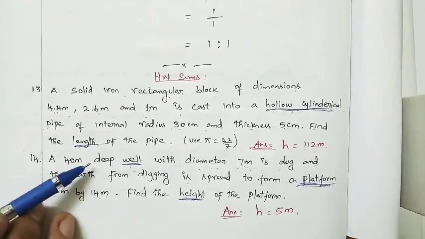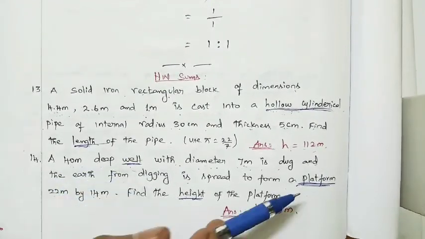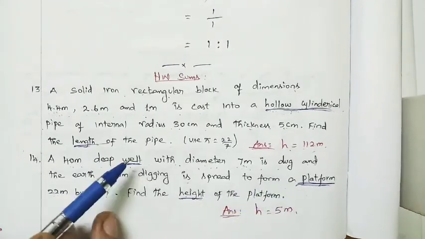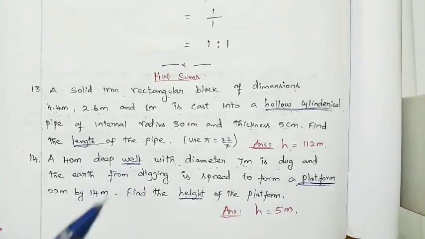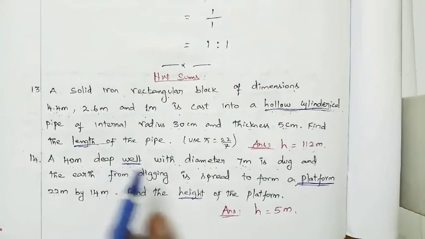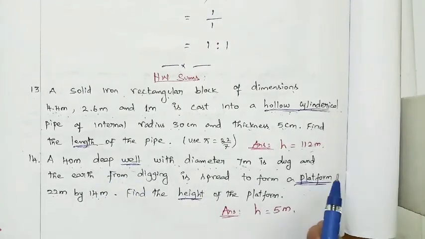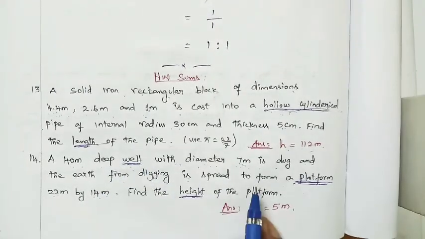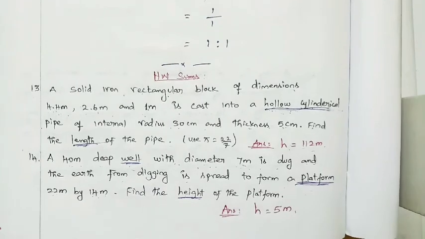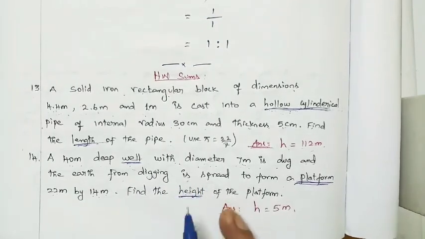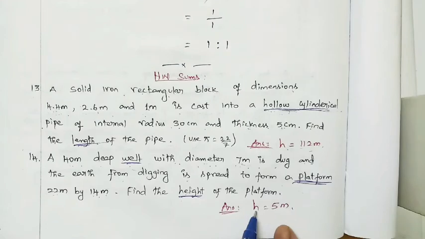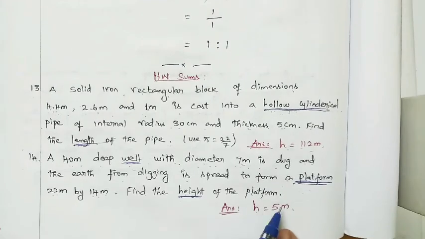So the volume of this well is equal to the volume of this platform. The shape of the well is cylinder, and the shape of the platform is cuboid. So volume of cylinder is equal to volume of cuboid. While equating, we will get the height of the platform. What is the height of the platform? Final answer 5 meter, right?